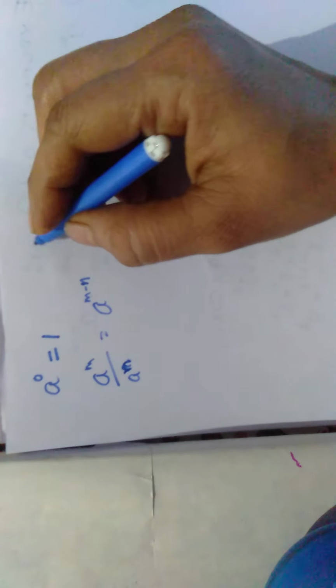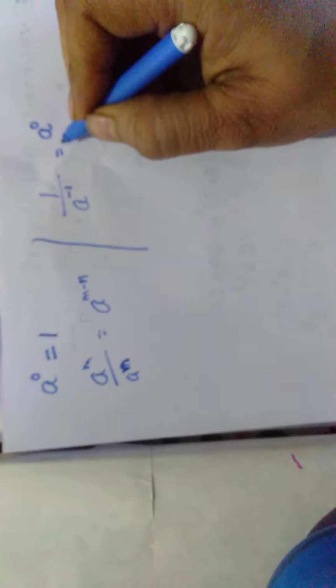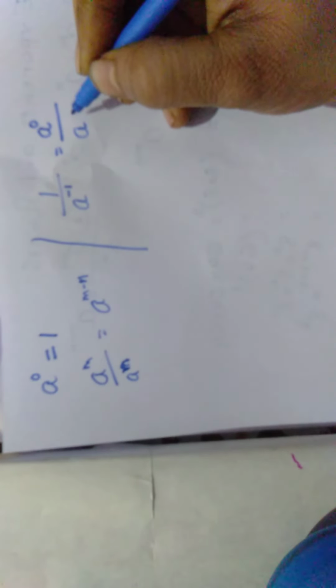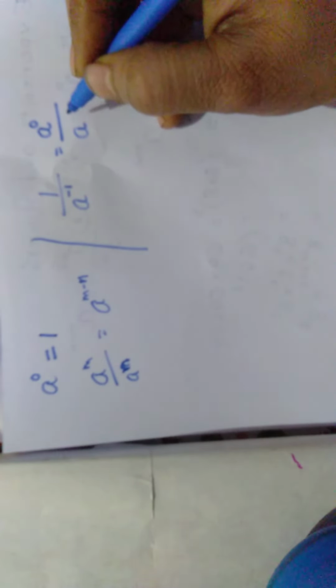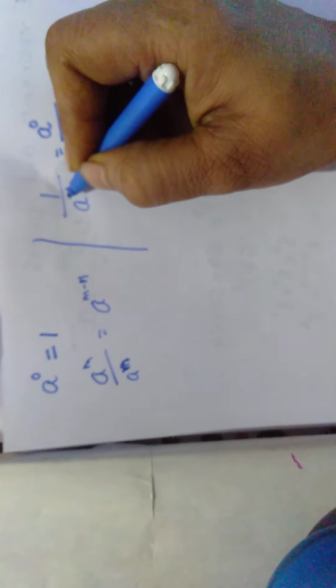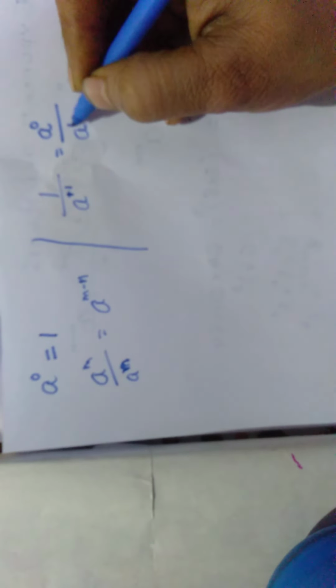Now a to the power m minus n, just see this example, 1 upon a to the power 1. What it means is that in place of 1 we can write a to the power 0. A to the power 0 upon a to the power 1. Now this is equal to what?